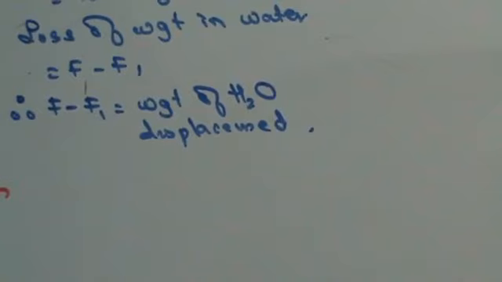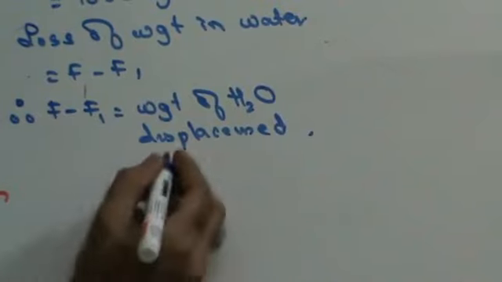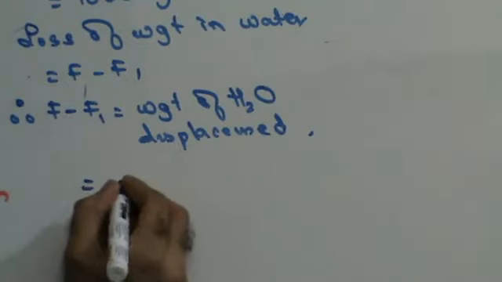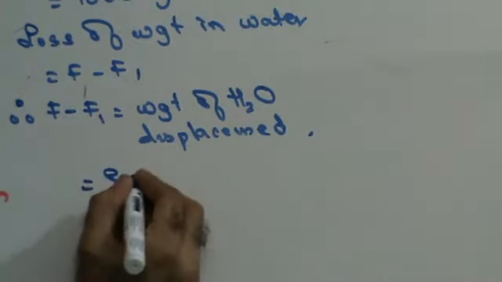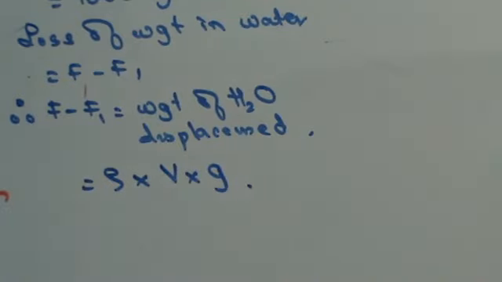Weight is nothing but density into volume into g. Density of water I know, volume I know, g I know. I'll come to know how much is the loss of weight in water.